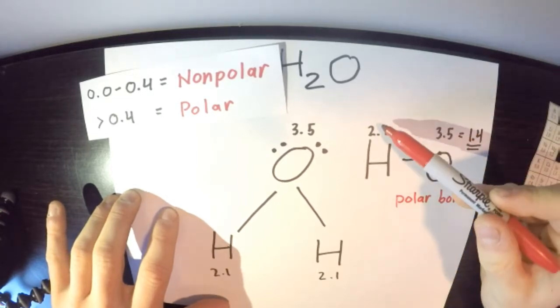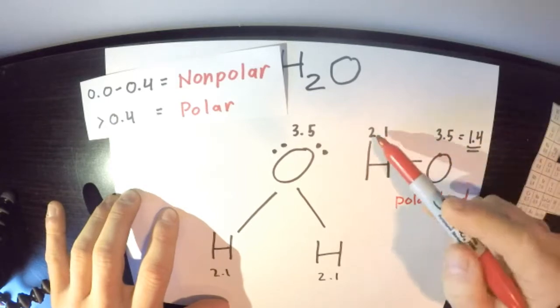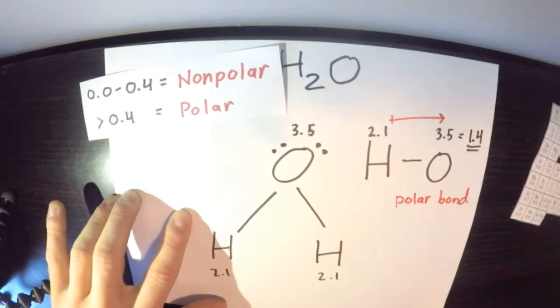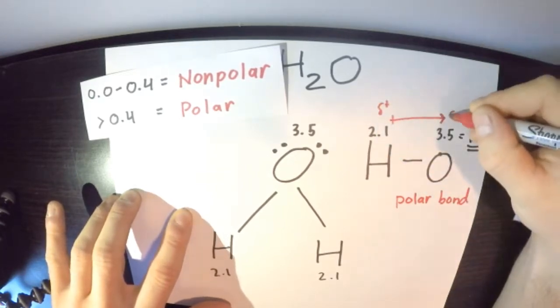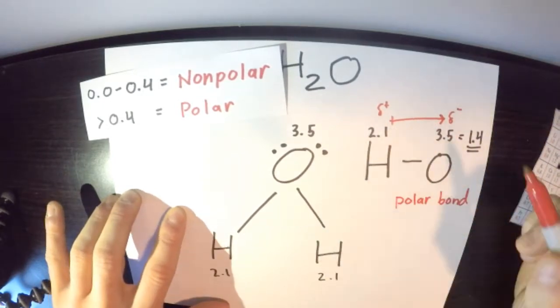Okay? Electronegativity is greater over here than it is over here. So what that tells me is that my polarity is going to run in this direction, that there's a higher concentration of negative charges on this end than there are on this end. Okay, so that's my bond.